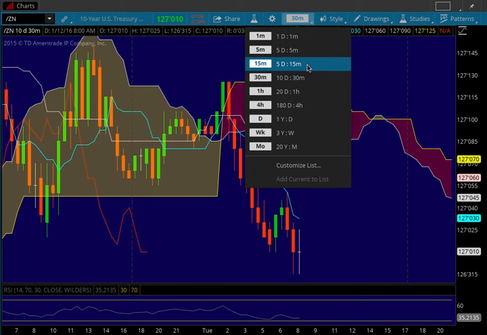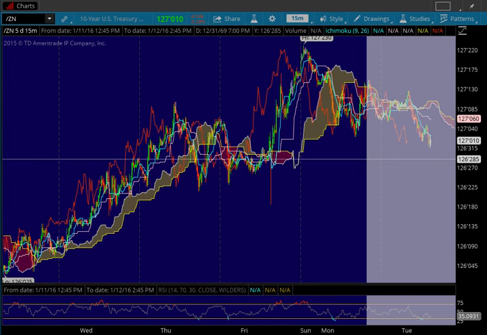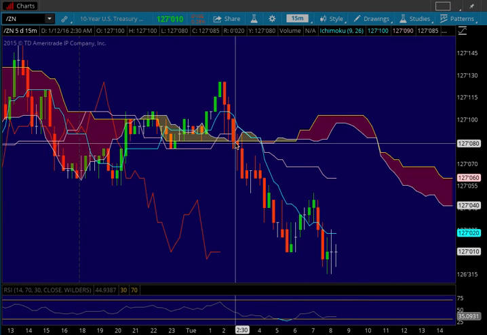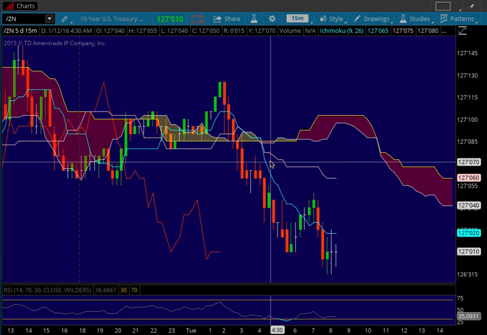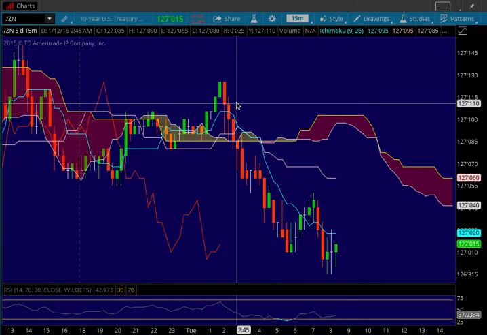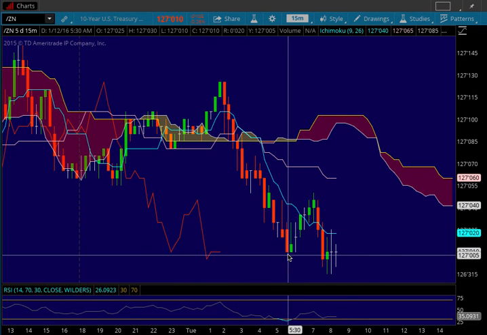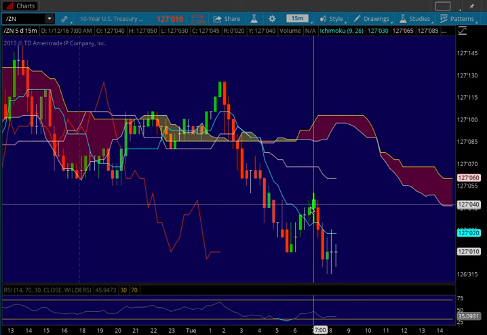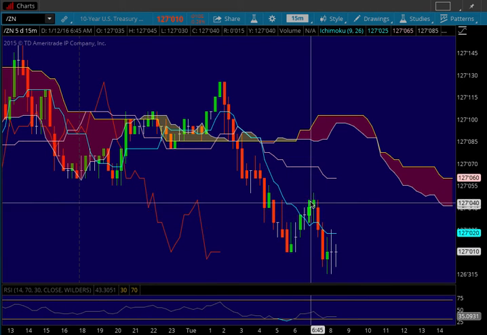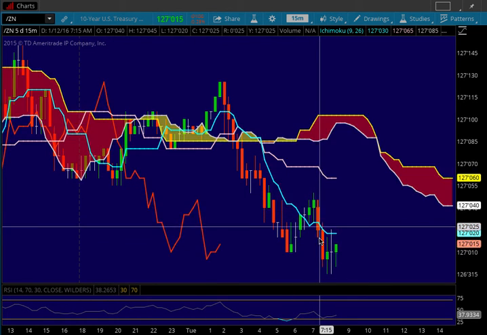So let's look at the 15-minute time frame. Obviously it looks similar to the 30-minute time frame, but we did actually manage to make it over the 15-minute Tenkan-sen and find support here for a while before we lost it.